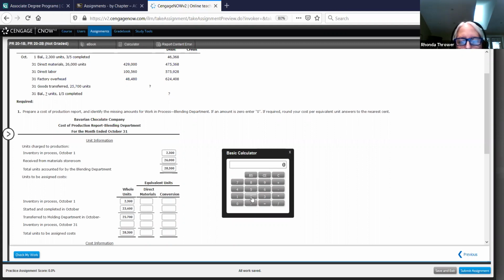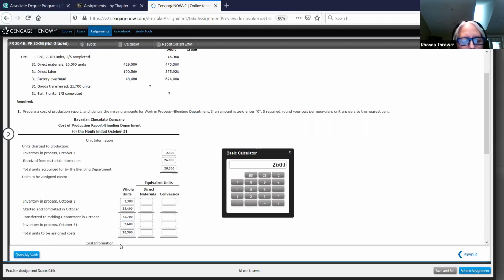So let me try this again. 28,300 units minus 25,700 units will leave you with 2,600 units that are in ending inventory. So right here where they got this question mark, you should fill in that this is 2,600 units that we have in ending inventory.